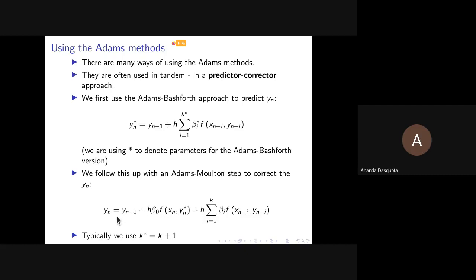So your final prediction for yn will be based on Adams-Moulton, but you would actually be using a hybrid approach. You would predict using Adams-Bashforth, then you would correct the result using Adams-Moulton. And that is exactly one of the approaches of using the Adams methods. You could just use Adams-Bashforth on its own. You could just use Adams-Moulton on its own.